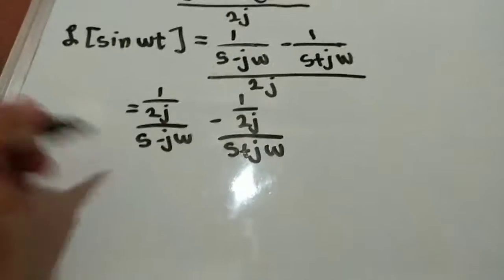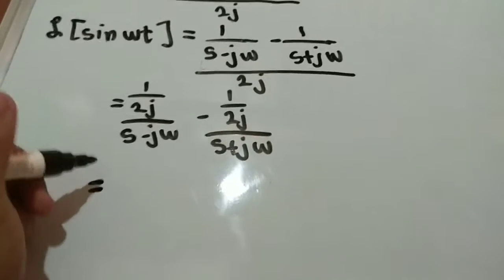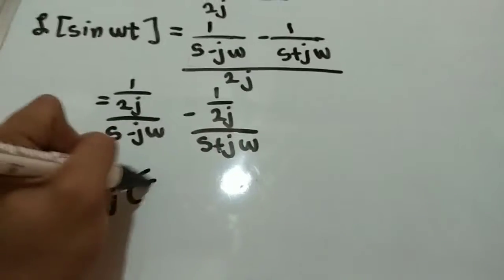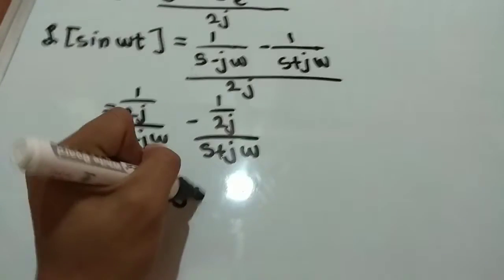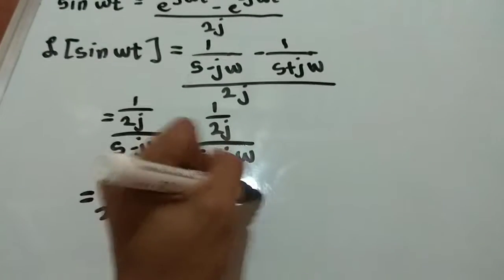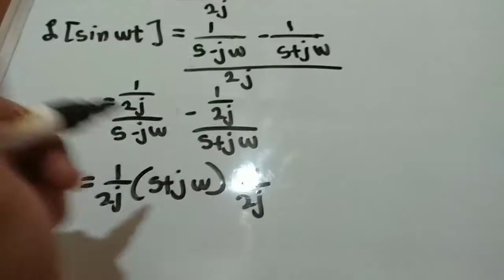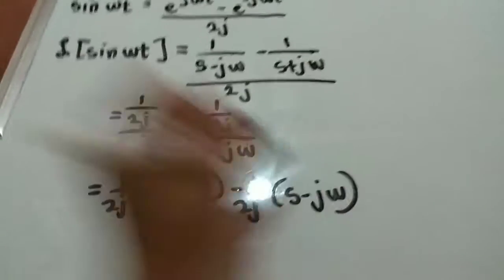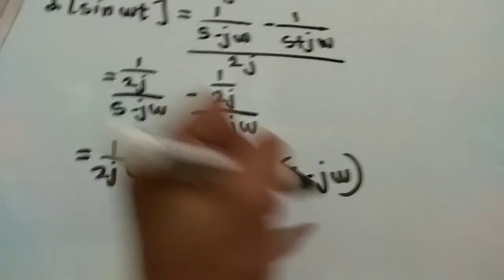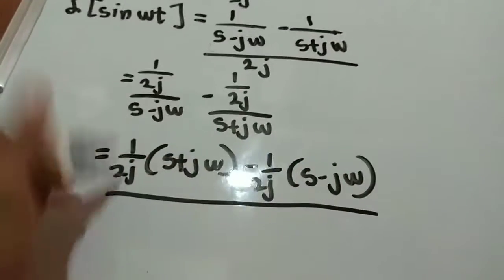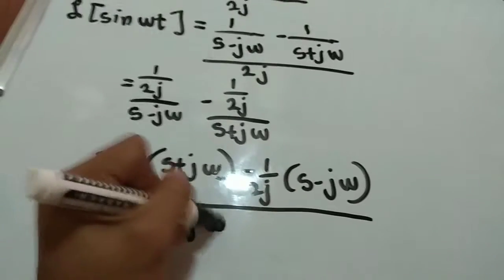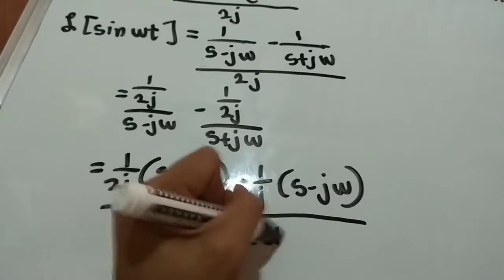Cross multiply, so we obtain 1 over 2j times s plus j omega minus 1 over 2j times s minus j omega, all over the product of the denominators, s minus j omega and s plus j omega.